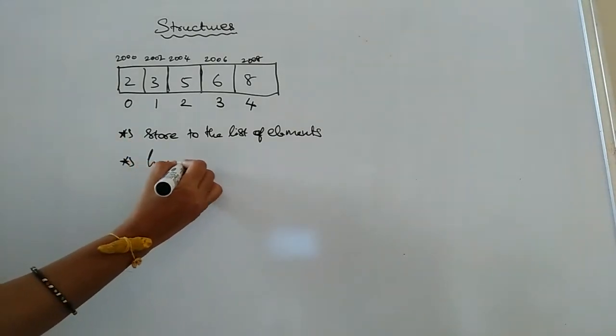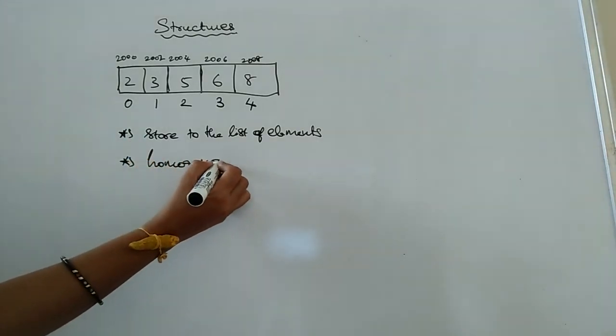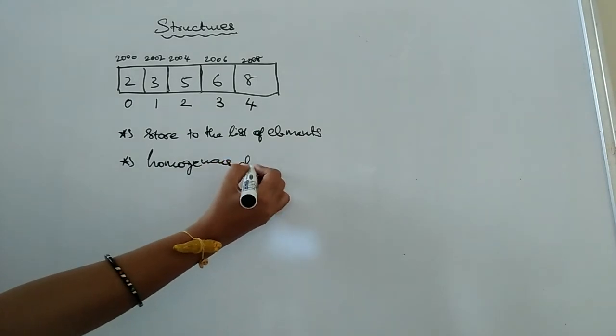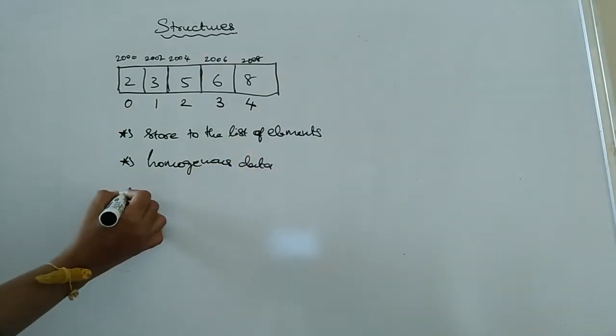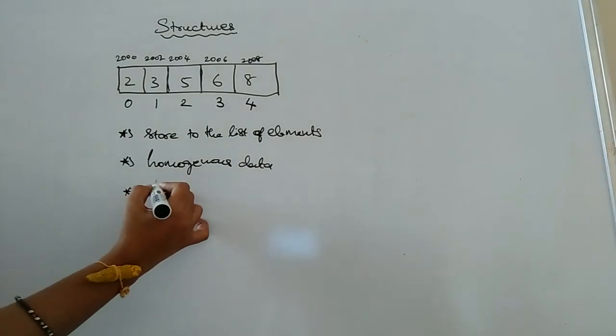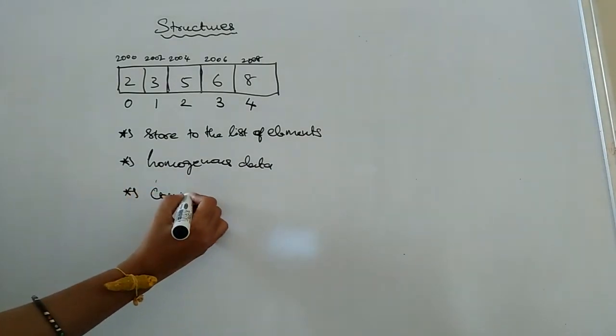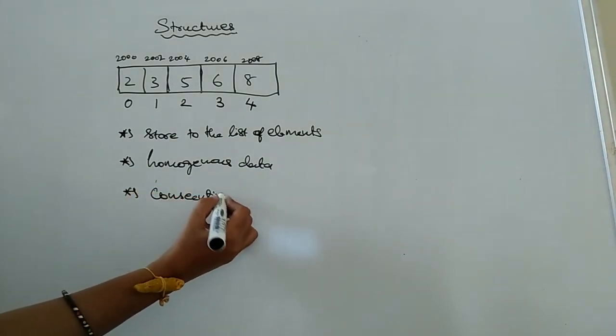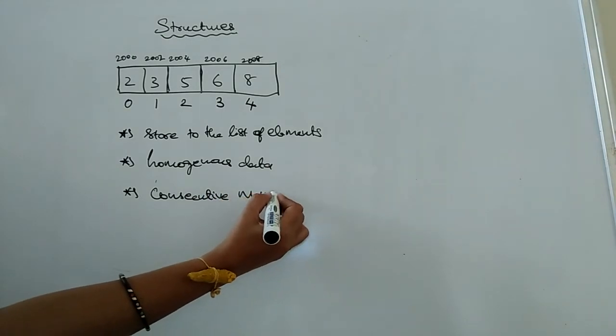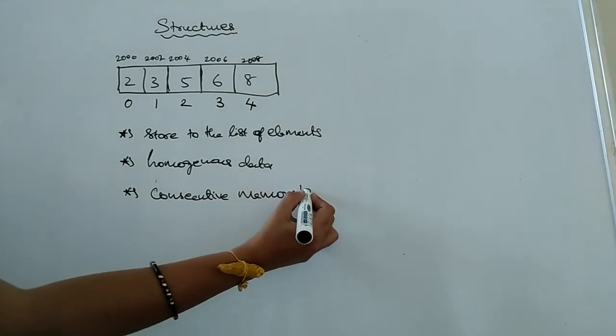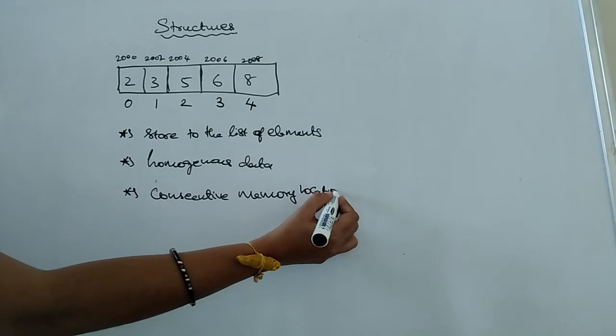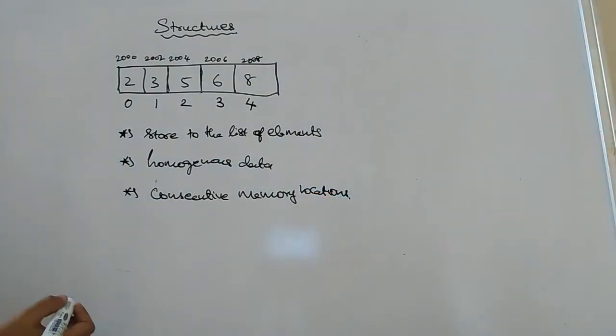We may write it as homogeneous data. And the next one is that they are stored in consecutive memory locations. So this is about an array.